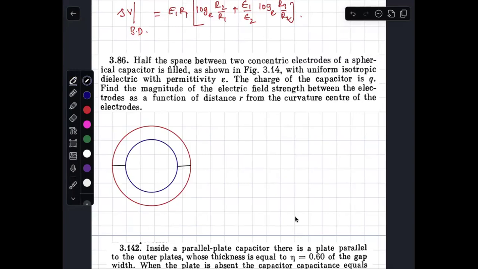The same question is there in Pathway, and I'll discuss that question also later. Half the space between the two concentric electrodes of a spherical capacitor is filled as shown.